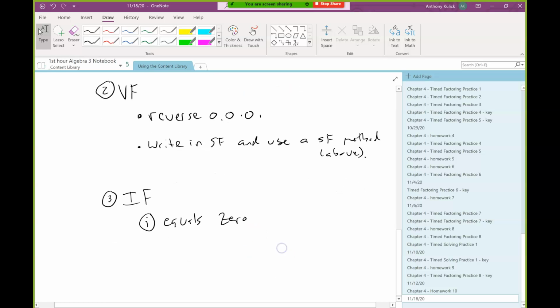So if the intercept form is equal to 0, then we can just use the 0 product property to solve this directly.